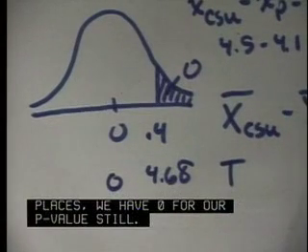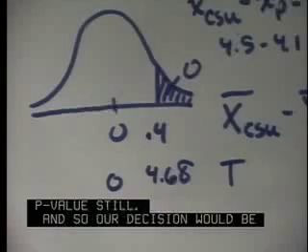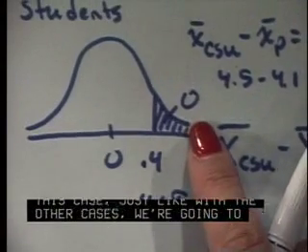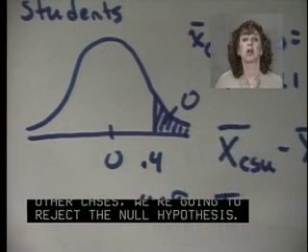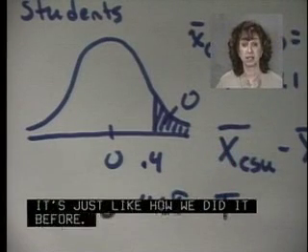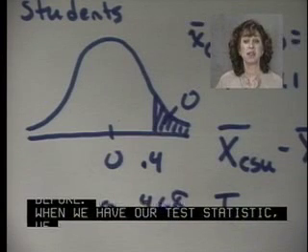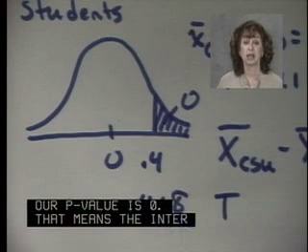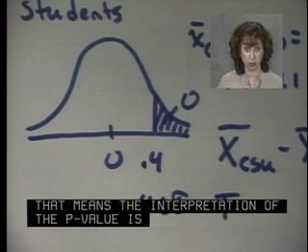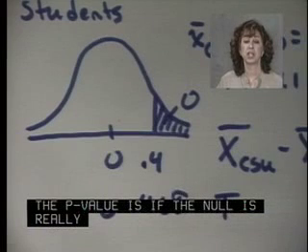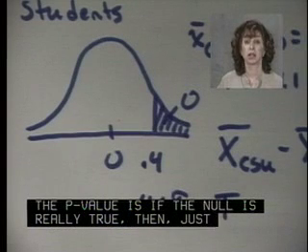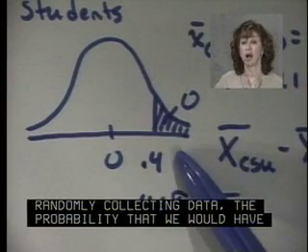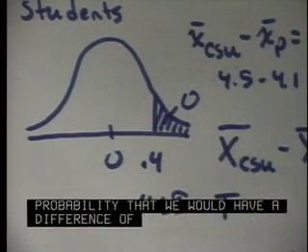And so our decision would be, in this case, just like with the other cases, we're going to reject the null hypothesis. It's just like how we did it before. When we have our test statistic, we find our p-value. Our p-value is 0. That means the interpretation of the p-value is if the null is really true, then just from randomly collecting data, the probability that we would have a difference of 0.4 or greater is 0.